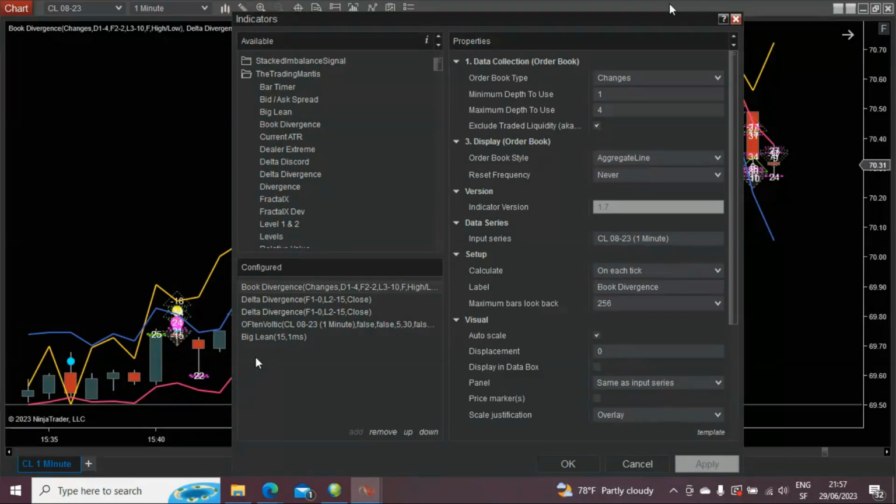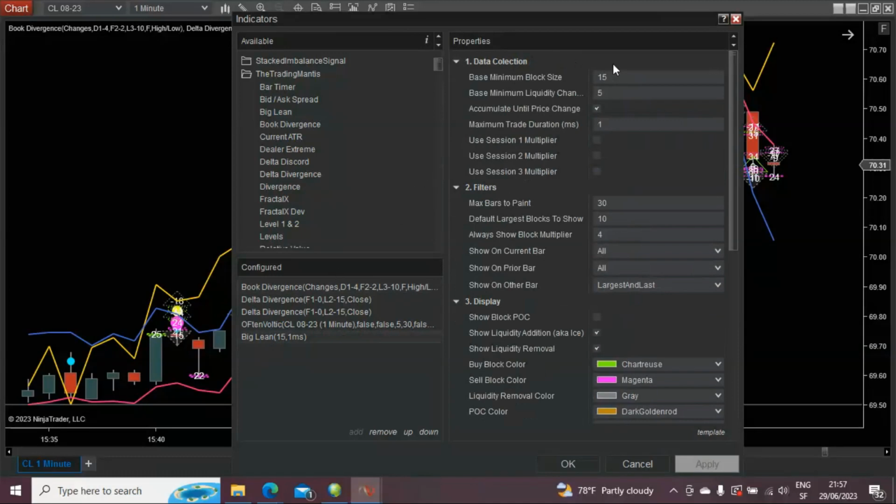I'm just going to walk through some of the settings on Big Lean for those who hadn't seen it before.